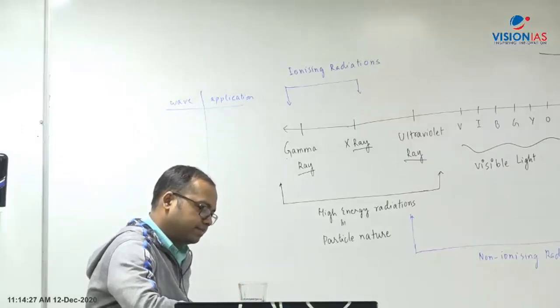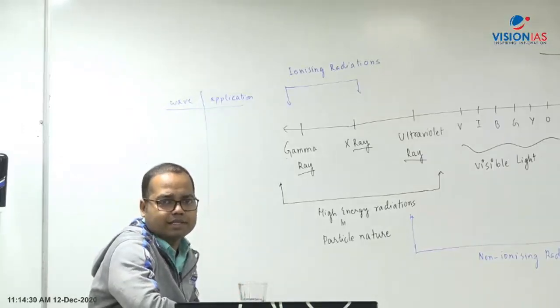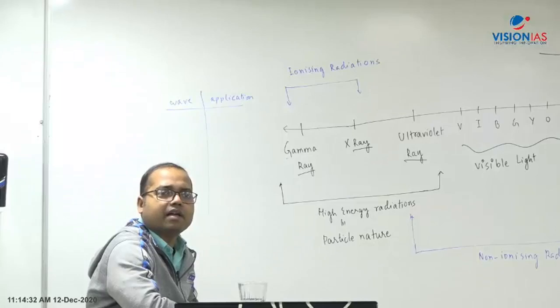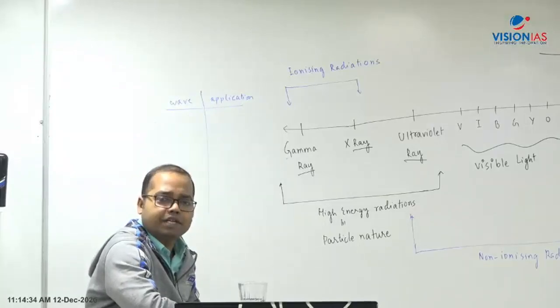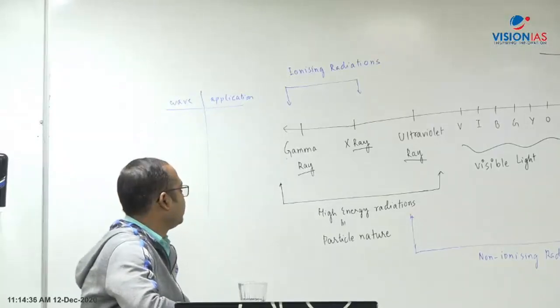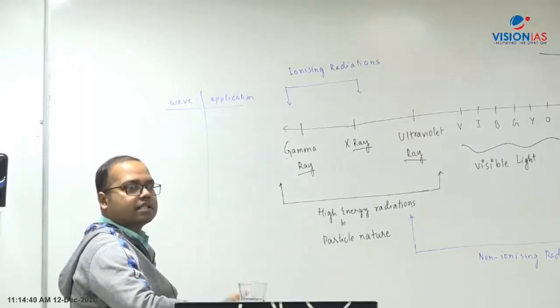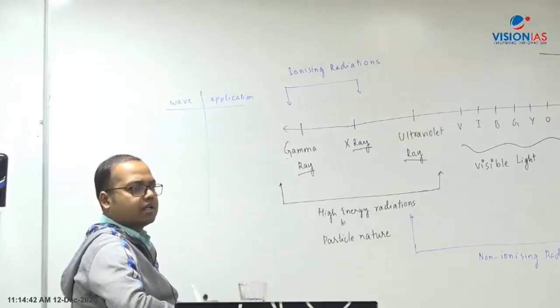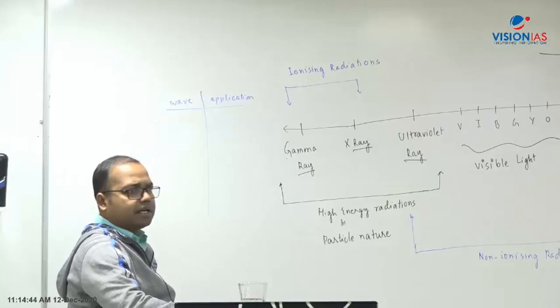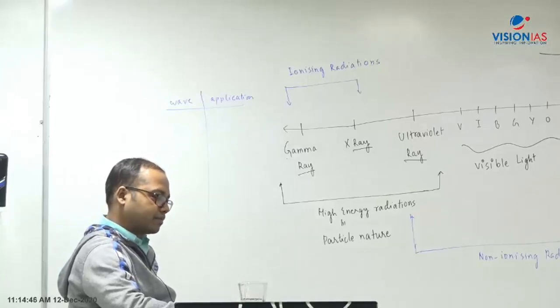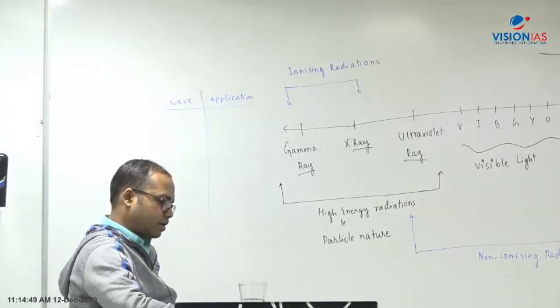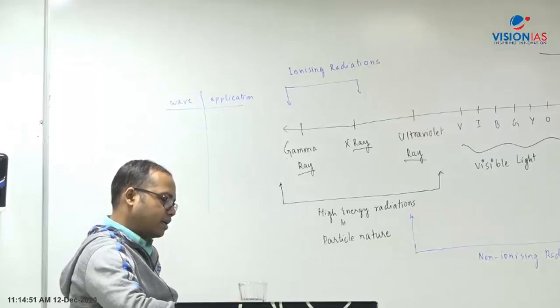As the name suggests, radio waves. Why? Because it was used for radio communication. Radio and TV communication. Radio gets its name from radio wave only. So, right? Radio and TV communication. Next you write Bluetooth.